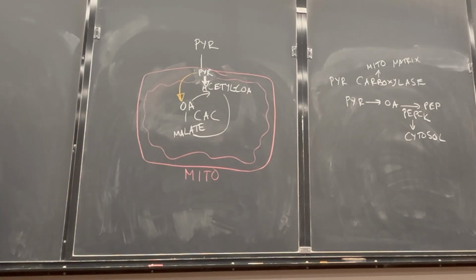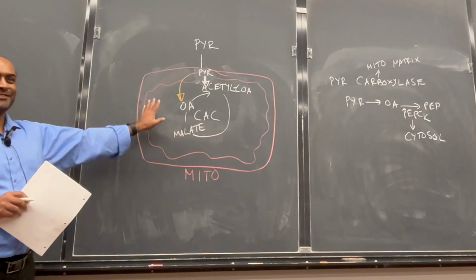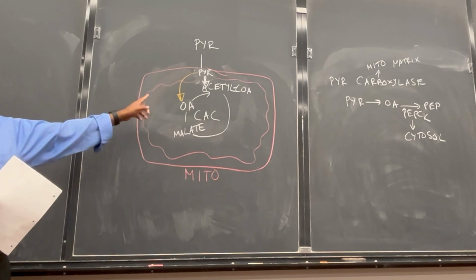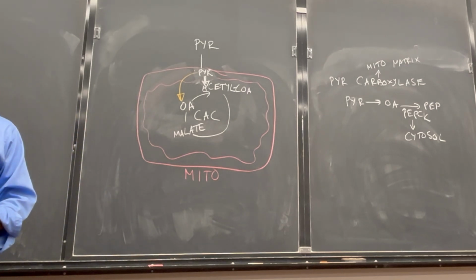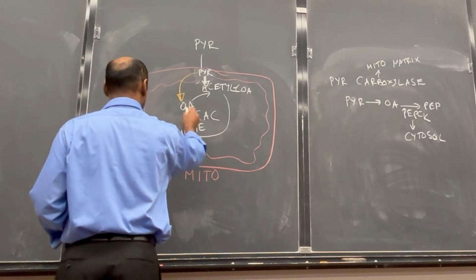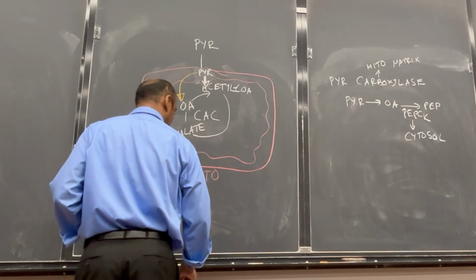So it has to be converted to something else. Then it can come out. And what could that be? I wrote malate for a reason, right? So OA will go back to malate. Now, once I draw the structure, you will see how that happens.